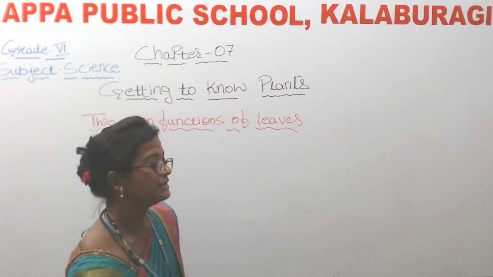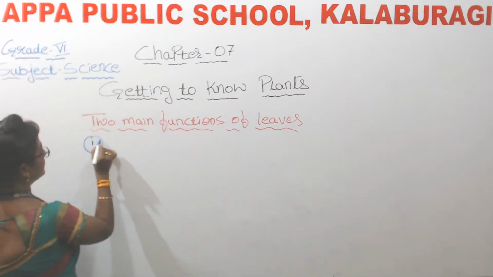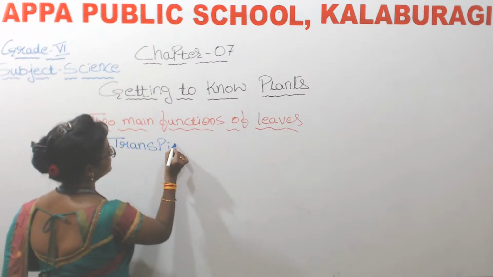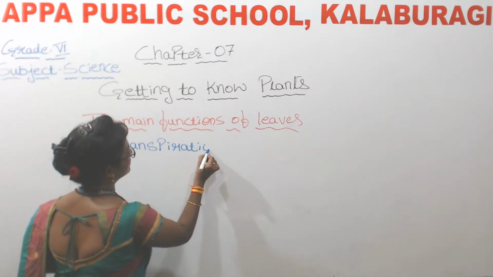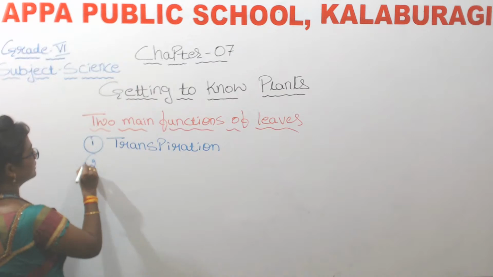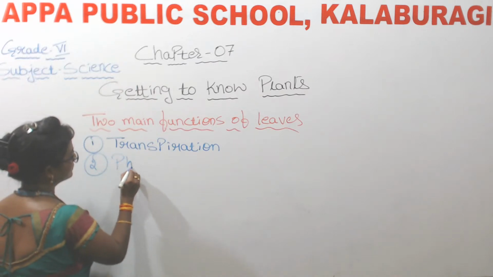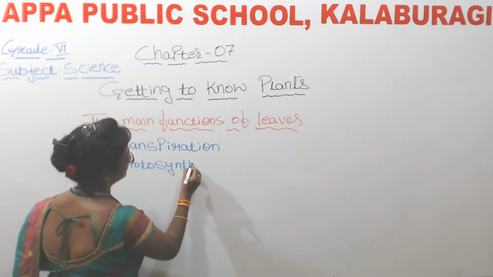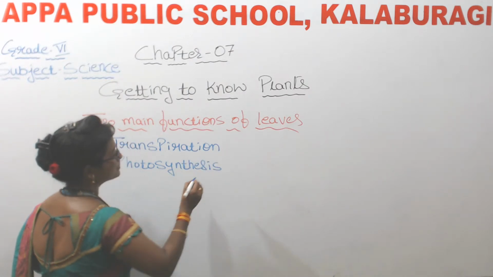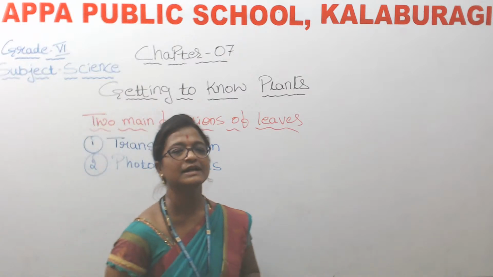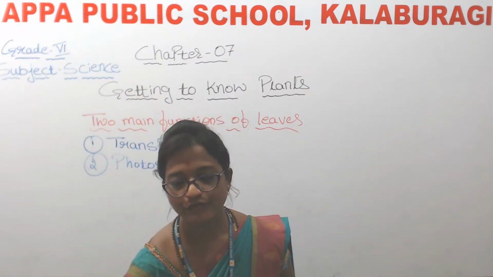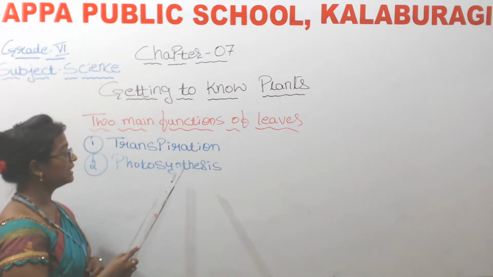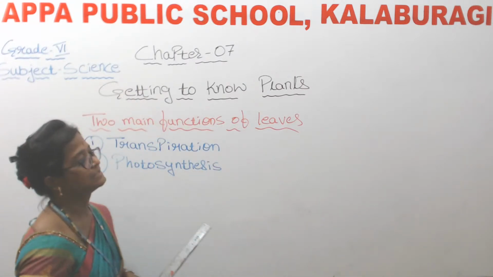Which are those, children? One is transpiration and the other one is photosynthesis. So these two are the main functions of leaves.